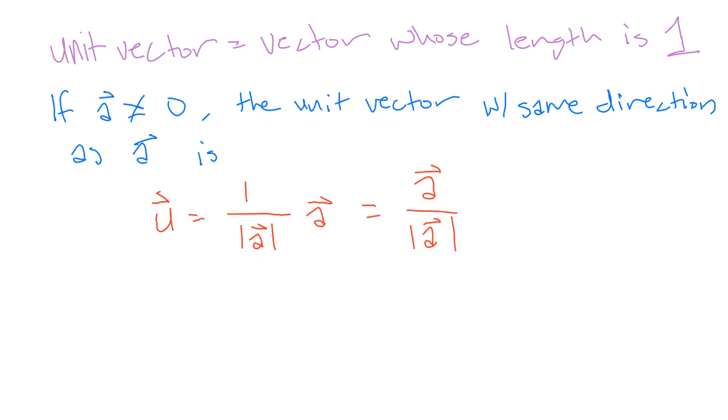So I want to go ahead and do a quick example. Find the unit vector of 8, negative 1, 4. Just find the unit vector with the same direction as 8, negative 1, 4.